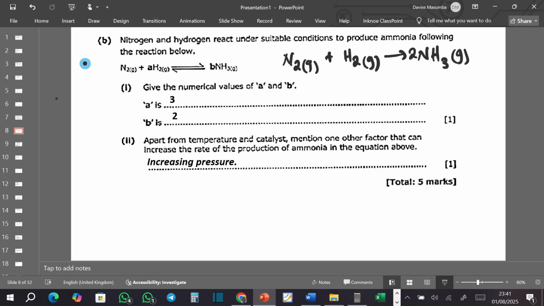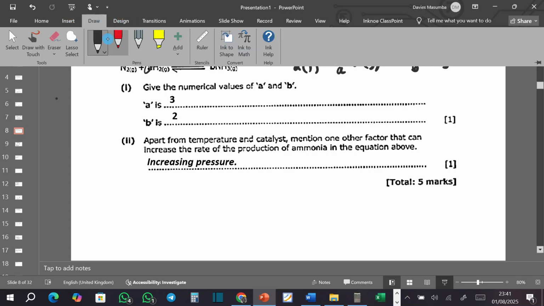Then you come to hydrogen: 2 hydrogen, 6 hydrogen, so you add the 3 here. They decided to put A there instead of 3, and here they decided to put B. Then they asked what numerical value A and B represent. So A is representing 3 and B is representing 2. As simple as that.